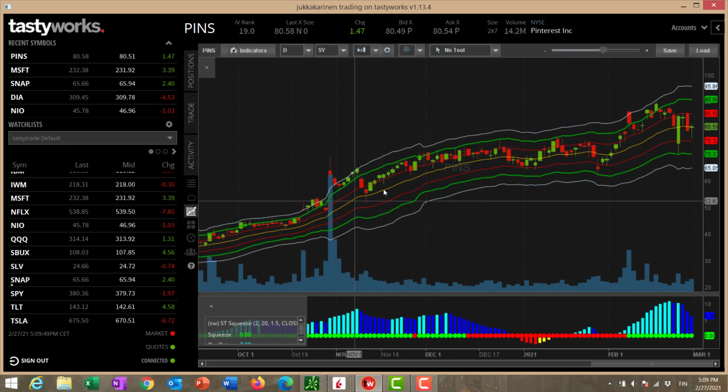These are different colors than last time, but the idea would be that as we're here, Pinterest is going higher. You remember these kind of train tracks or whatever. It's going higher. There it is kind of still in an uptrend, falling lower. The squeeze is on. Maybe it's a good idea to buy here, sell here.